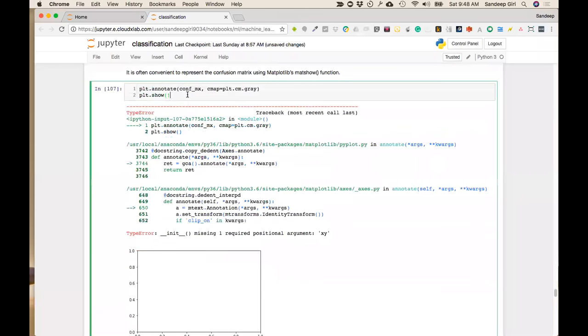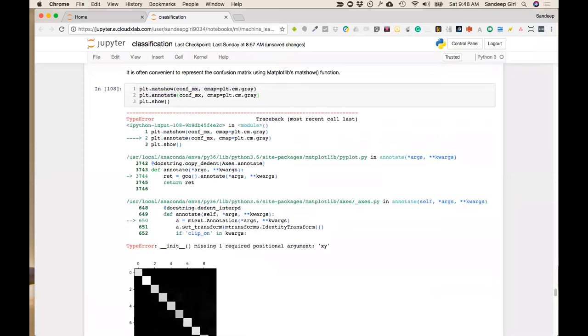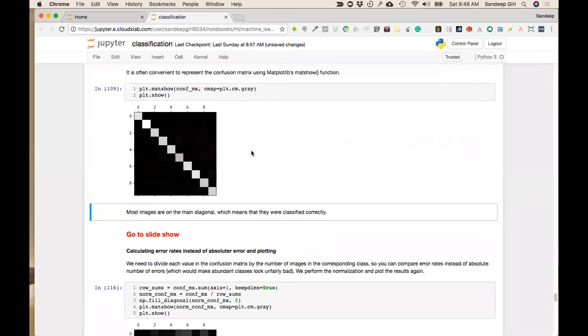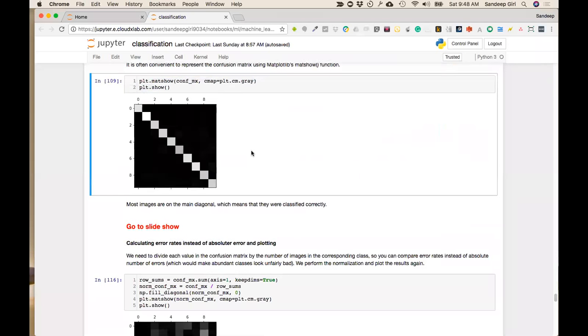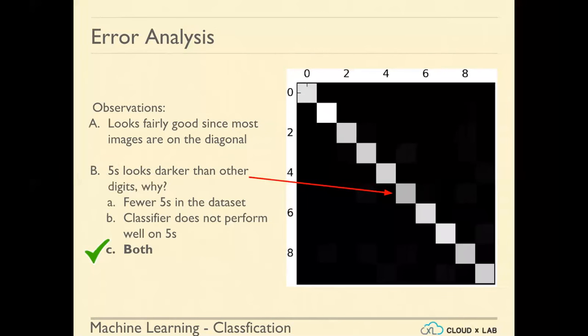No, it doesn't. I think it requires more options. All right, so yes, we can do that. Never mind, it's not giving us that great a result.